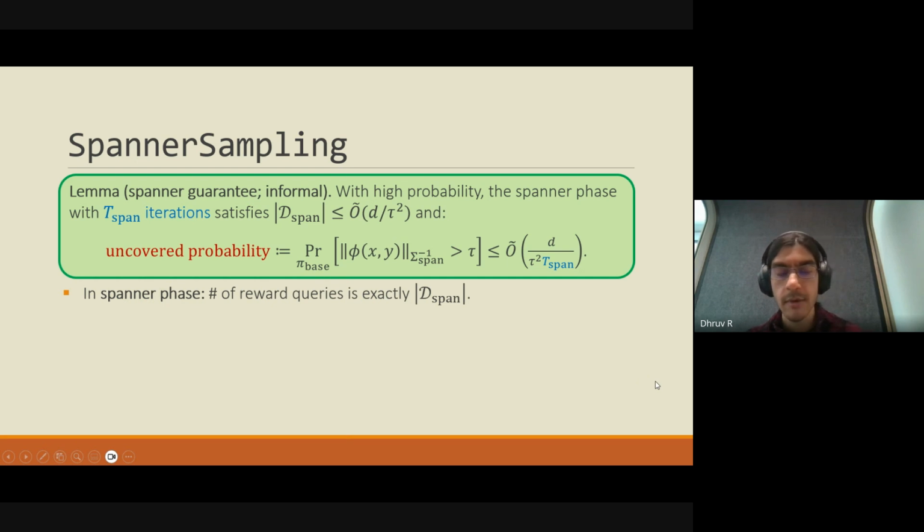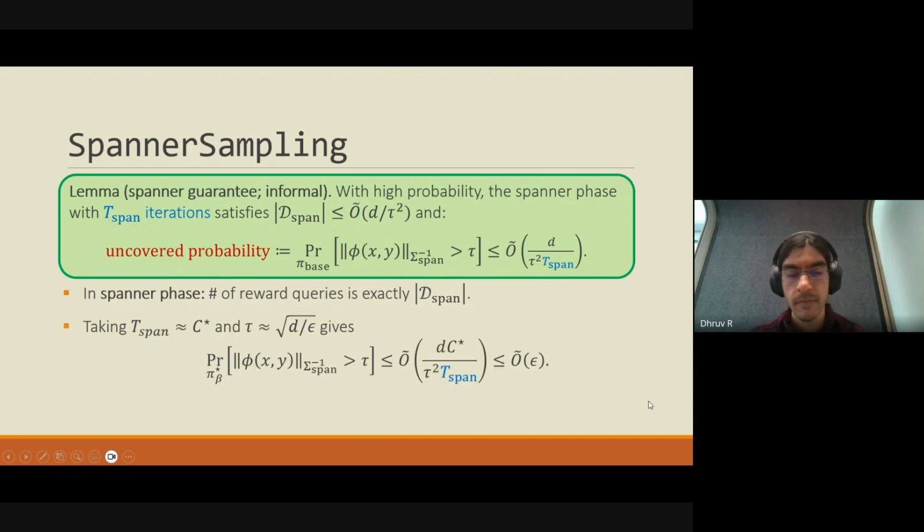So the reason this lemma is good for us is, first, we can bound the number of reward queries by the size of the spanner. And second, if you take T-span to be roughly C star, the coverage coefficient, then you can bound the uncovered probability under the optimal policy. So this is what I mean by coverage. This is a sense in which we are approximately covering pi star beta, the optimal policy.